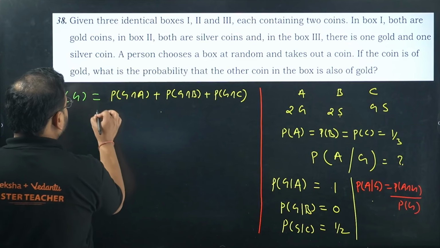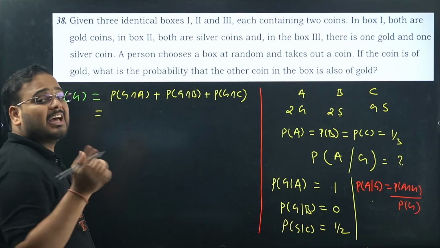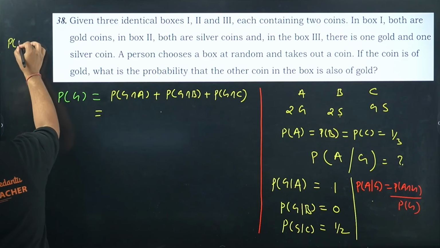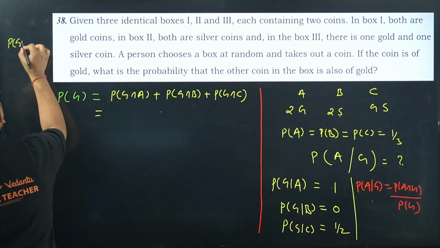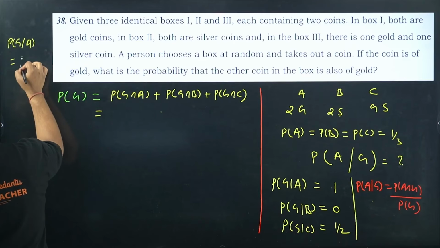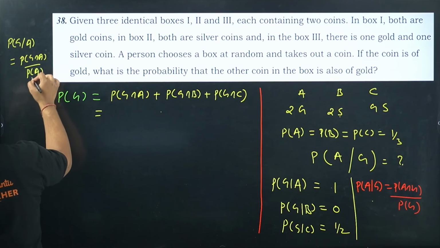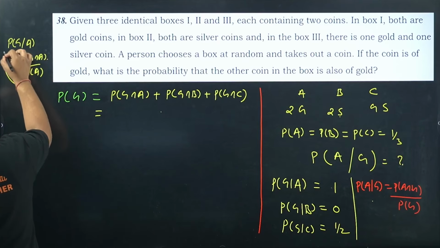How do we write PG intersection A? This is going to be written with the help of conditional probability. Remember this: if I am writing, let's say for the first one, G conditional with A, this will be PG intersection A upon PA. So if I want to find this value, I have to multiply this with this.